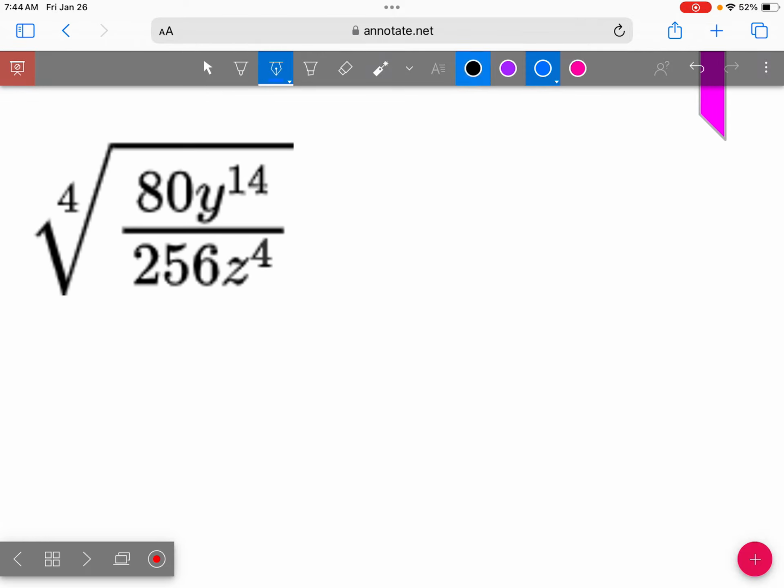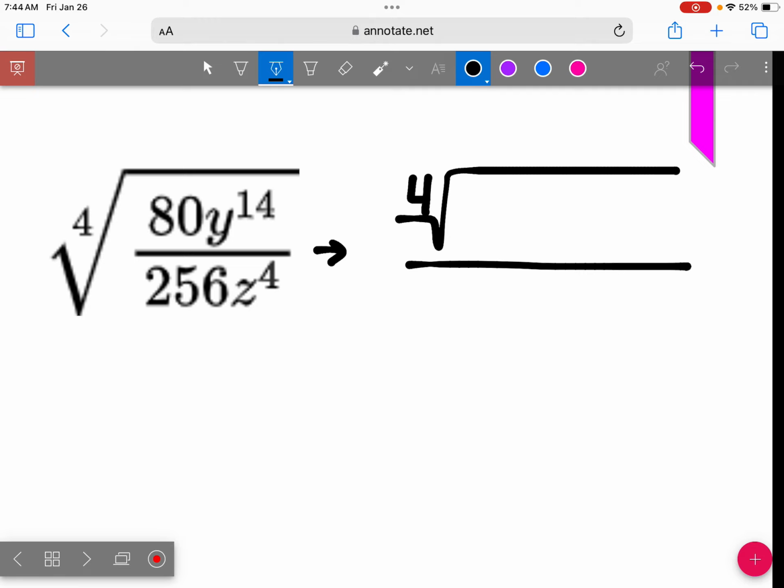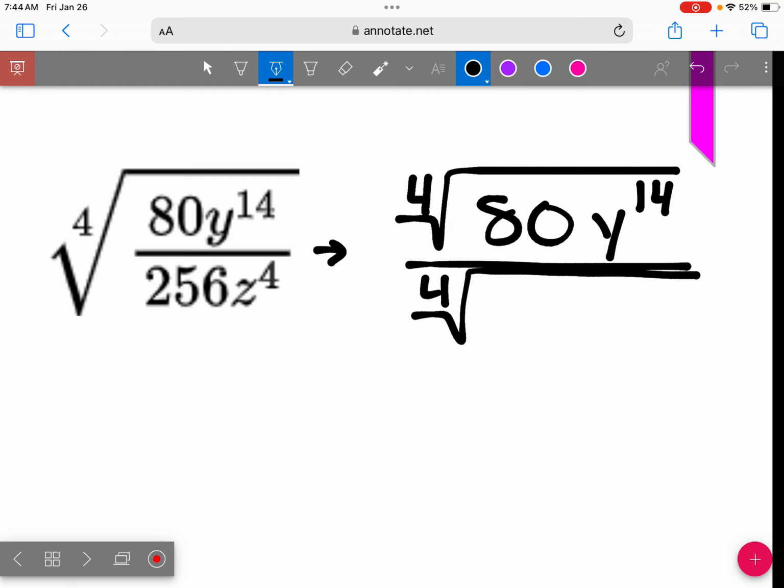So we're going to start with splitting this apart into our two different fractions first, where we have our fourth root of 80y to the 14, and my fourth root of 256z to the 4th.